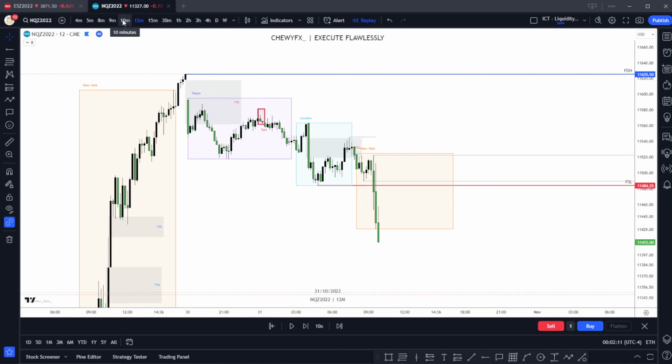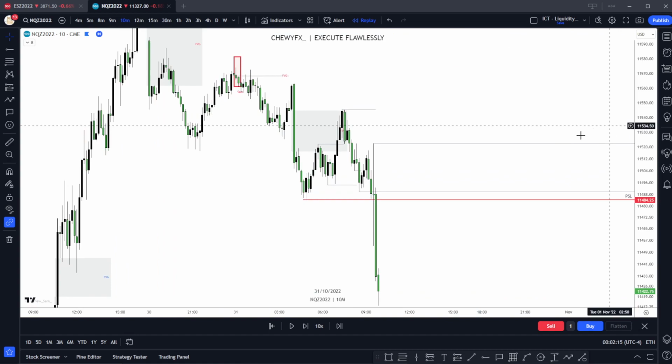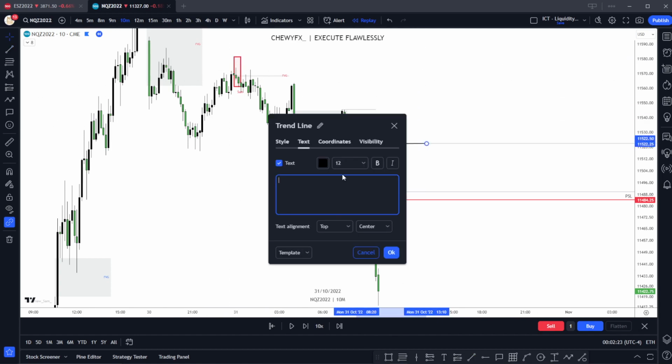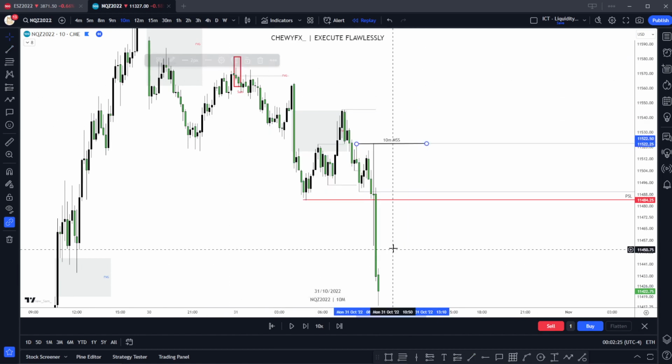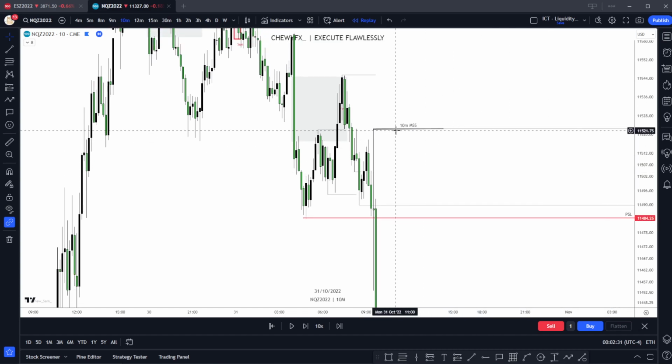Okay, so we did have that area swept nicely. Now we want to look for where our 10-minute MSS is, which is right there. Or actually, you know what?